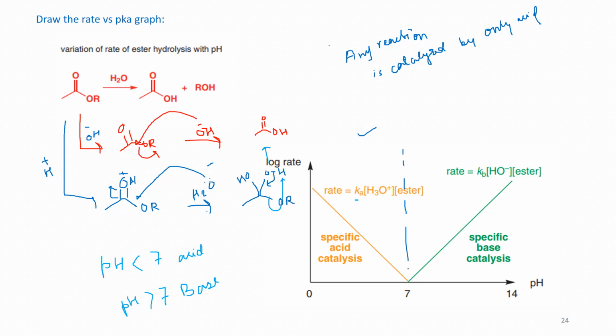Now if any reaction is given which is just catalyzed by base, then you will just keep this part of the graph. Okay, understood? I hope it's clear.